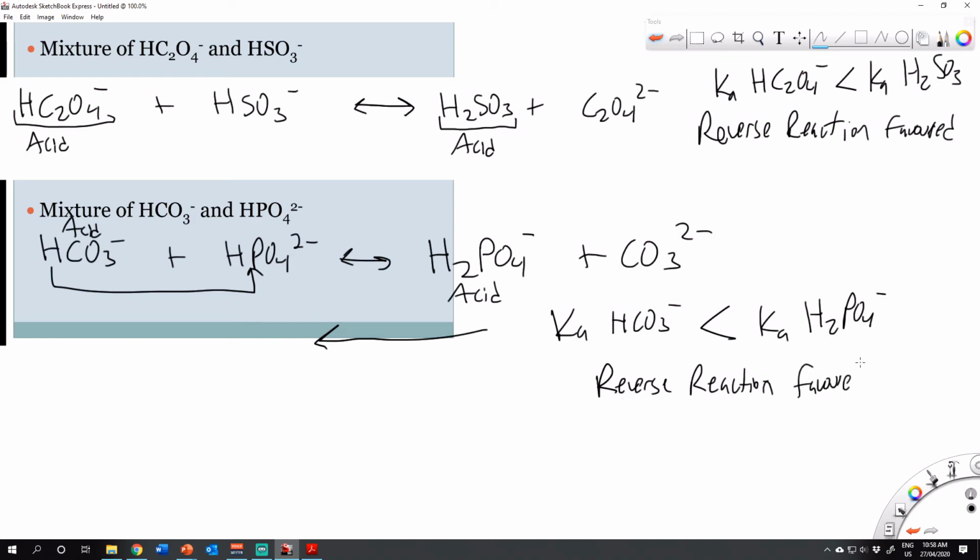Will it always be the reverse reaction favored? No, not always. You need to check the acid on the reactant side and the acid on the product side, and then see which one is actually bigger. It just so happens that in all of these examples the reverse reaction is favored. But again, not always the case. You have to check.